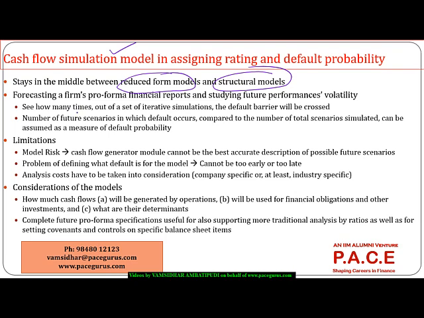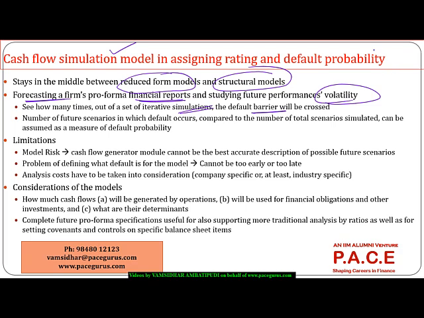So we are looking at the financial statements of the company, and based on the assessment of the level of volatility that is there, we are doing some kind of forecasting. We are trying to simulate the forecasted values of the cash flows of the company. We do this simulation so many times and we set some kind of default barrier.